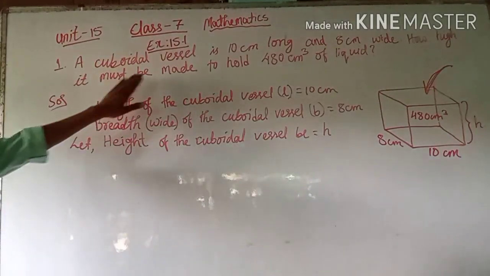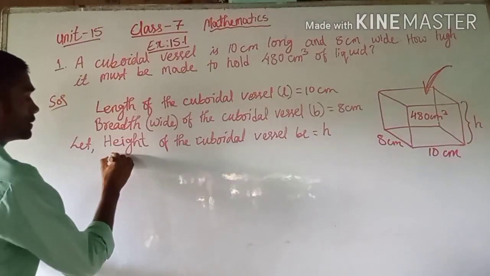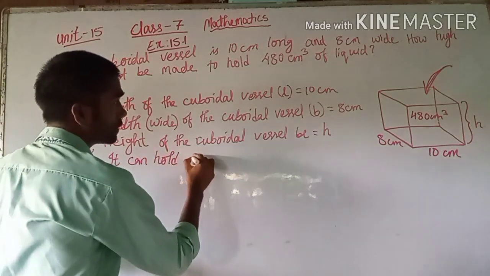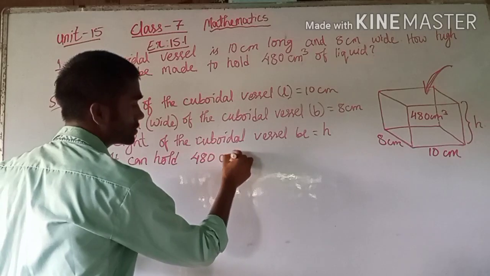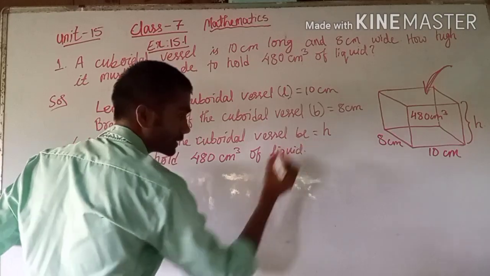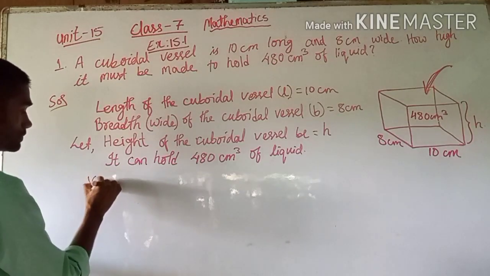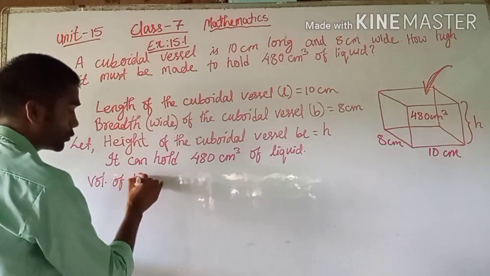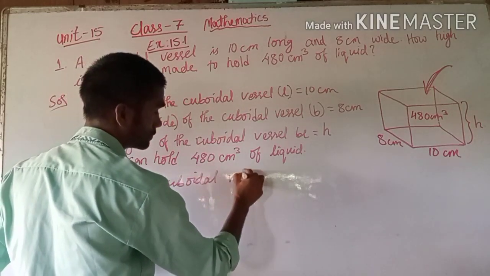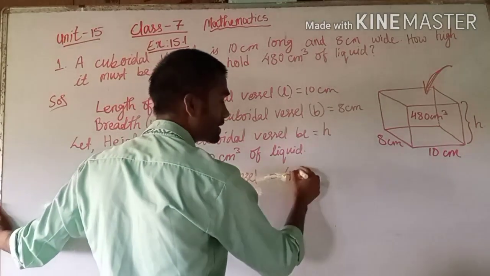Now it can hold 480 cm³ of liquid. That means this will be the volume of the cuboidal vessel. So the volume of the cuboidal vessel is equal to 480 cm³.